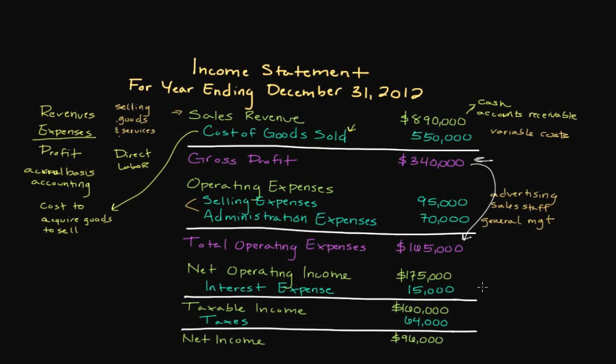And so the first thing here is we're going to take out our interest expenses. Now, where interest expenses are generated are typically from debt. And so just like if you and I had a mortgage or a car payment, we're going to pay a certain level of interest on that particular debt. So companies that go to credit unions and banks and actually get loans have to obviously pay interest on that debt.